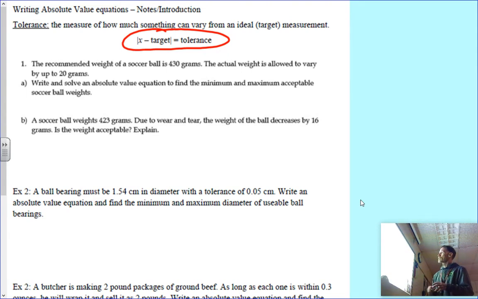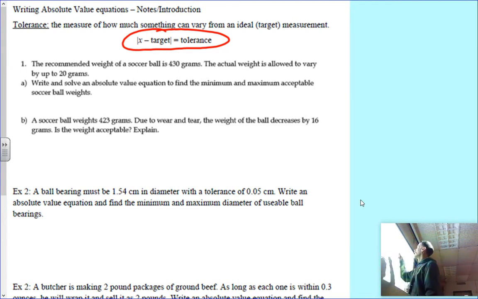So first question, the recommended weight of a soccer ball is 430 grams. Actual weight is allowed to vary by up to 20 grams. Write and solve an absolute value equation to find the minimum and maximum acceptable soccer ball weights. So again, what do we have?